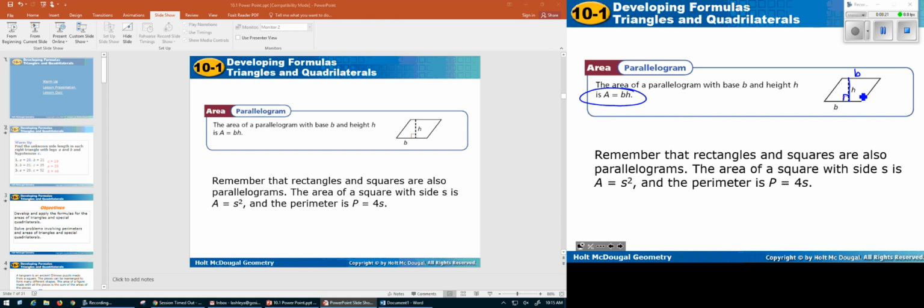One thing that you should be careful about, in a lot of these pictures, if you shift that height over here to this vertex and draw it straight down, what have you created right here? What kind of triangle? Right triangle. So in some of these problems, you may have to do Pythagorean theorem. You may have a special right triangle, 30-60-90 or 45-45-90, where you have to use those relationships to find your height.